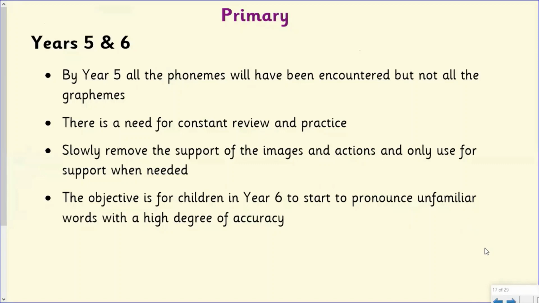So, back in primary, by years 5 and 6, normally that would be sufficient time in the first 2 years in Key Stage 2 for all the phonemes to have been encountered, but probably not all the graphemes. But then there's still a need for constant review and practice.